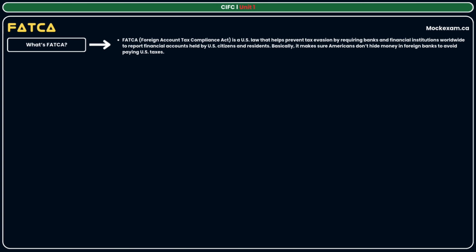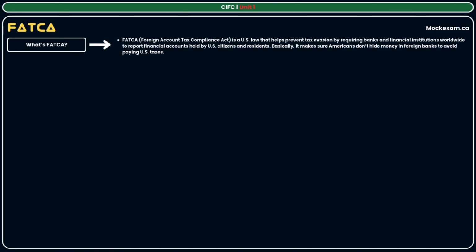Basically, it makes sure Americans don't hide money in foreign banks to avoid paying US taxes. Okay, so it's a US law that every financial institution in the whole world needs to follow and obey.